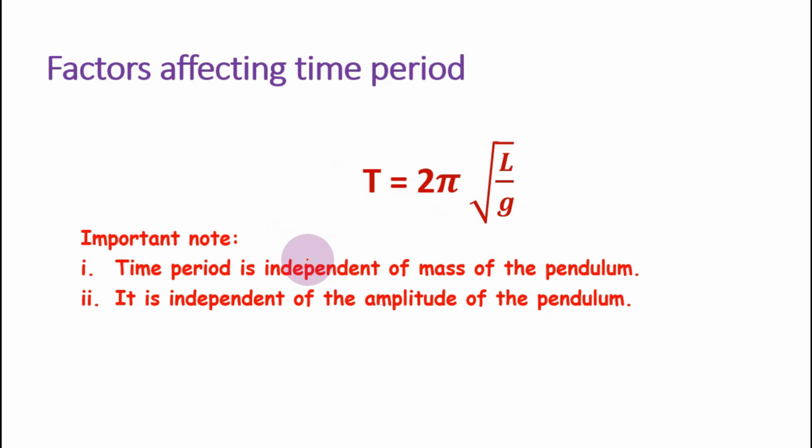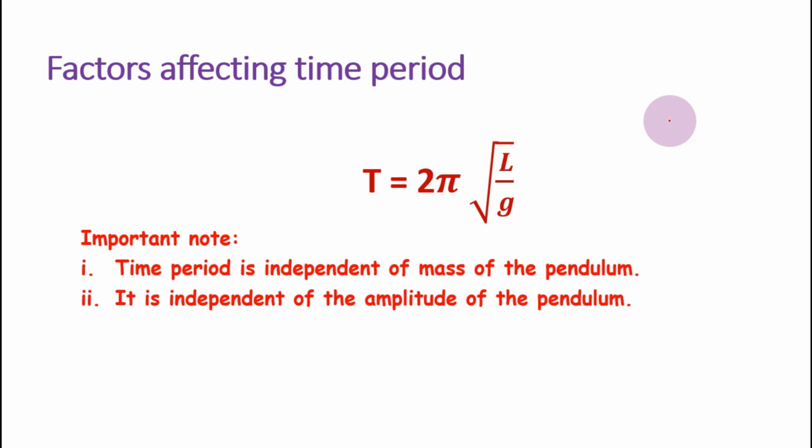Similarly, time period is independent of mass. If you see the equation, there is no mass involved. So if the pendulum has a larger mass or smaller mass, it takes the same time. Similarly, time period is independent of amplitude.